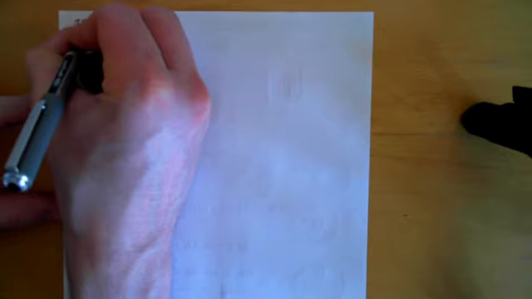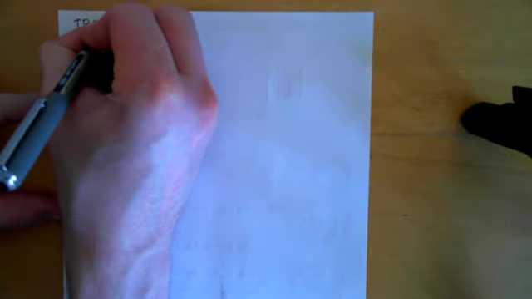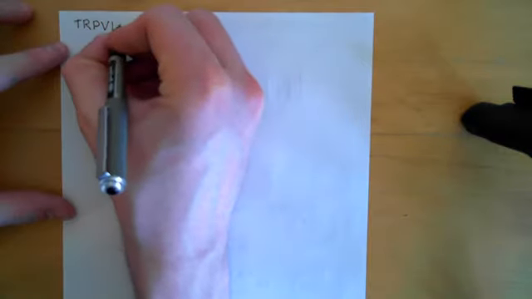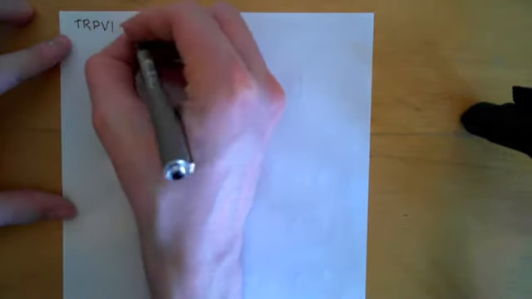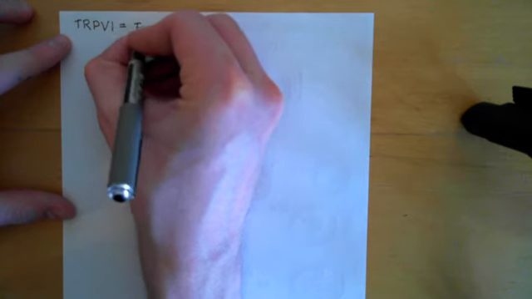So TRPV1 is completely different from what we have seen previously. The cannabinoid receptors CB1 and CB2 were G protein coupled receptors. TRPV1 is now a non-selective cation channel, and is famous for its role in pain sensation, specifically heat pain sensation.